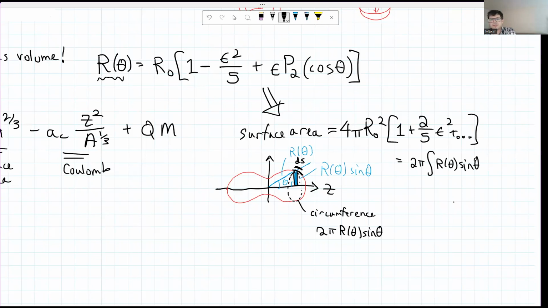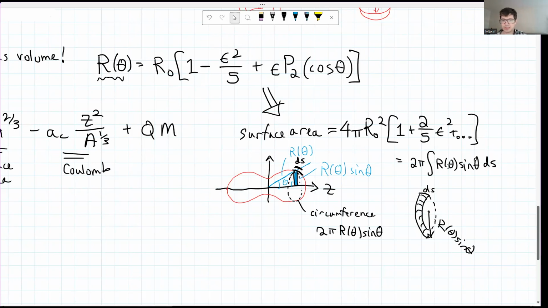That gives us the circumference of the circle, and we need the circumference of the circle times this little ds. That gives us a little surface area element. It's basically a little ring with a width ds and a radius r theta sine theta. And then we just have to add up the rings, right? So we integrate, and we get the surface area of the surface of revolution.